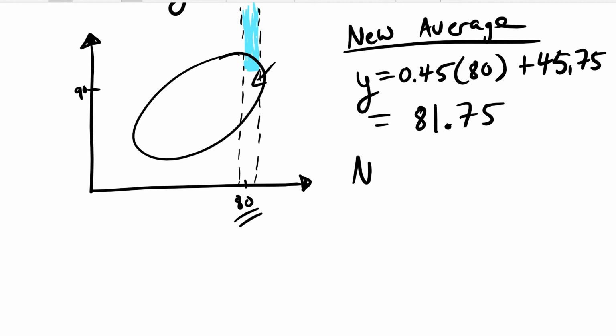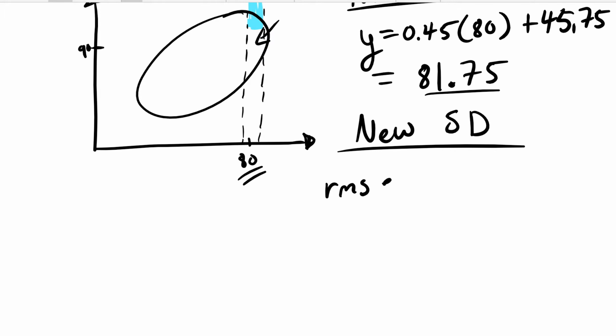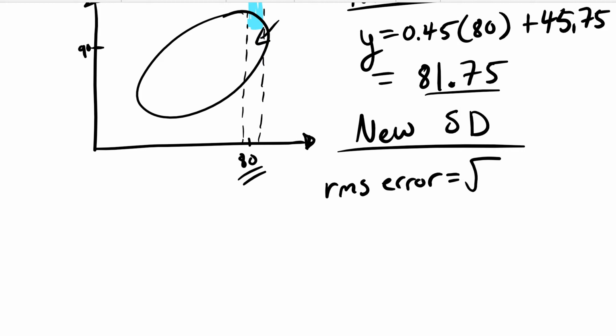But the standard deviation, the spread of the data, is also different than what it is overall. The spread within that vertical strip is the root mean squared error. We have a formula for that. That's the square root of 1 minus r squared times the standard deviation of y.